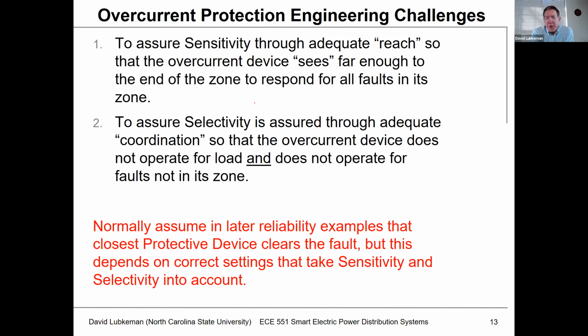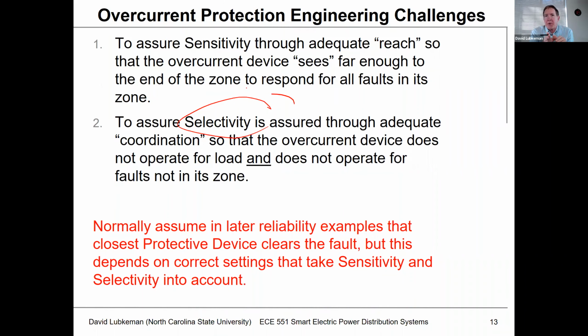And again, the other thing we have to make sure of is that we have the proper selectivity. What we have to watch out for is we can put a lot of different devices out there to get this selectivity set up into smaller zones, but we have to make sure everything properly coordinates first.